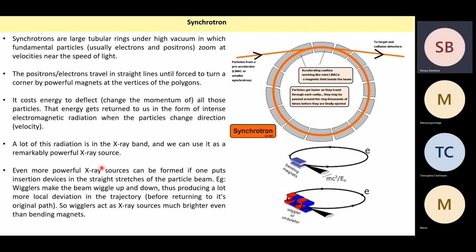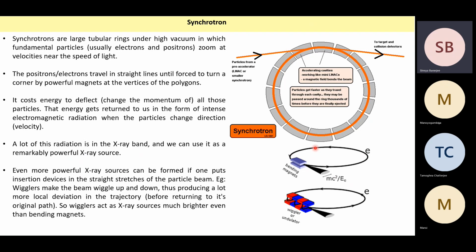The X-ray source can be increased in power even more if you put insertion devices in the straight stretches of the particle beam. There is something called a wiggler or undulator, which makes this circular beam move up and down, so the amount of deviation in the path of the electron is significantly increased.